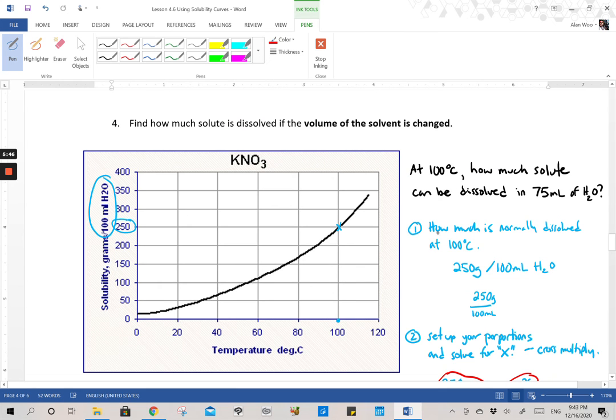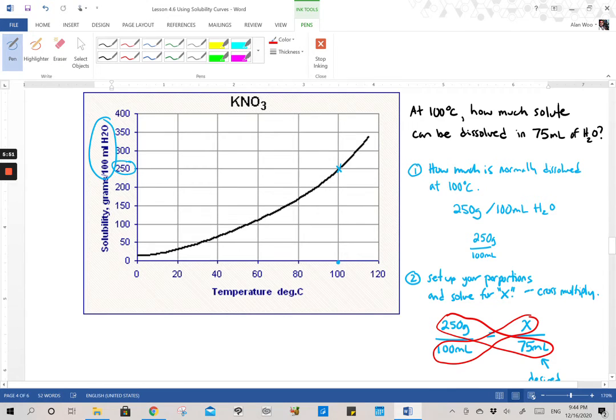So if they're all at the same temperature, in this case 100 degrees, I can figure out how much solute can dissolve in 50 mils of water, 25 mils of water, or I can even figure out how much might be dissolved in 200 milliliters of water. I can't do this if the temperature keeps changing. If it keeps changing, I have to go back and look at what the solubility is at that temperature for 100 mils of water and then do my steps again.